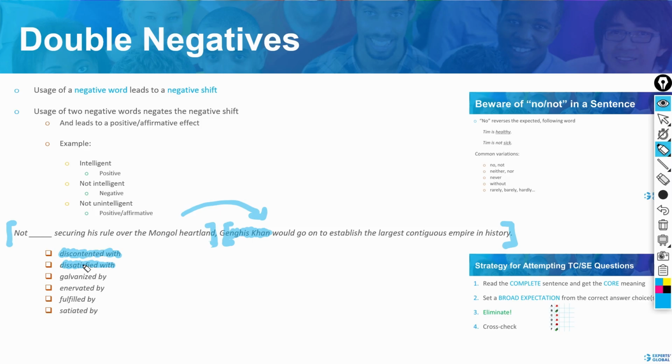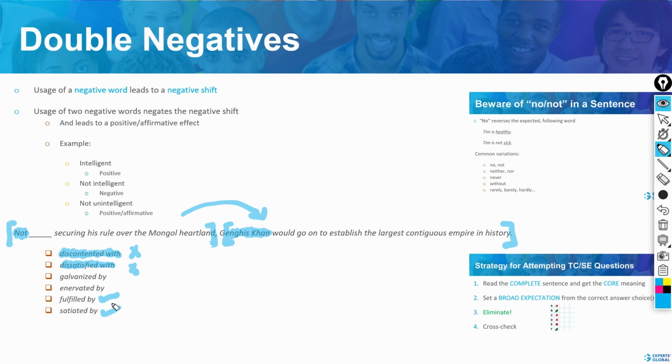So now to convey dissatisfied, we must say not satisfied. So although answer choices A and B have our desired keywords discontented and dissatisfied, because of this not here, A and B should be eliminated, and rather choices meaning the opposite of dissatisfied, satiated, fulfilled become the correct answer choice.